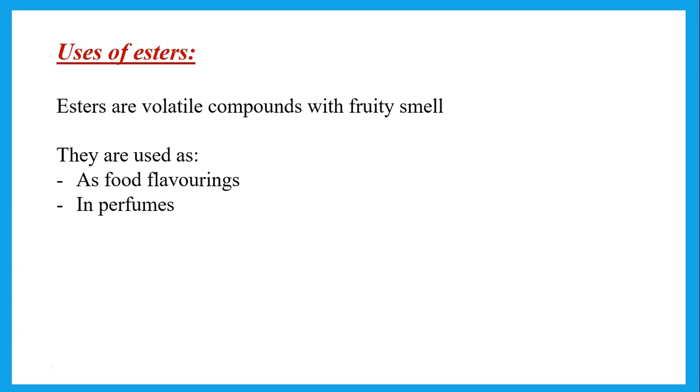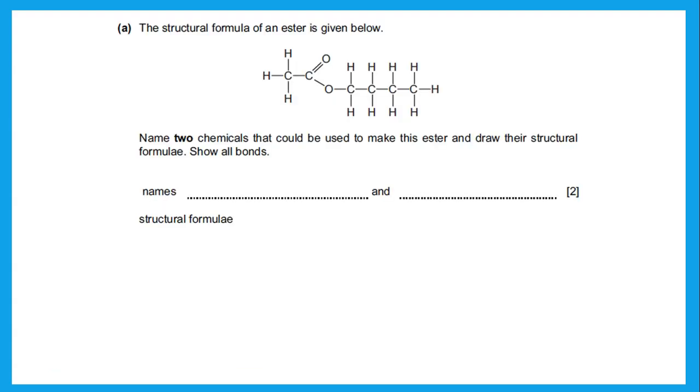Esters are volatile compounds with fruity smell, so we use them as food flavorings and in perfumes. So the questions are something like this. He gives me the structure and he says, name 2 chemicals that could be used to make this ester and draw their structural formula. So again, where is the acid and where is the alcohol?